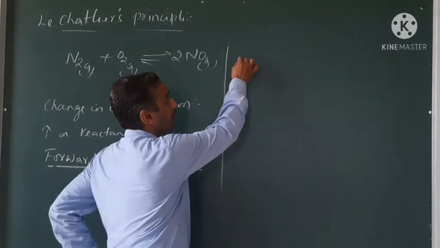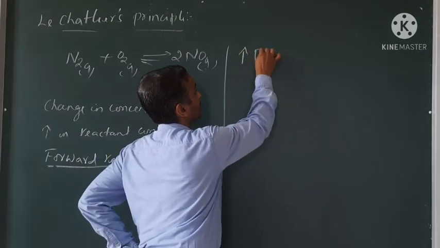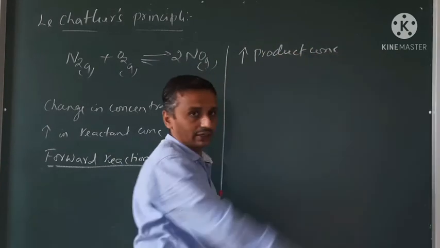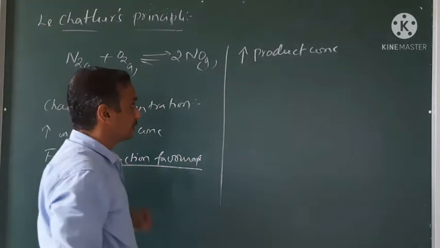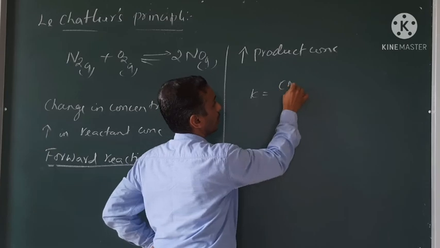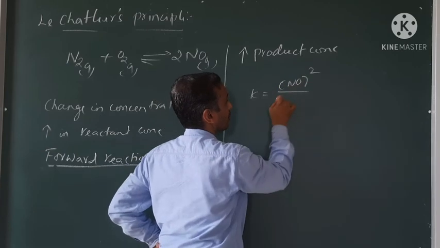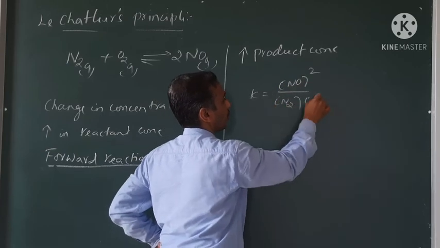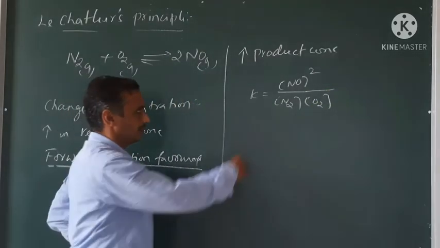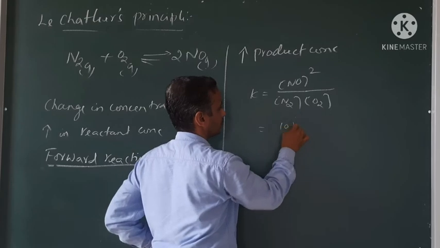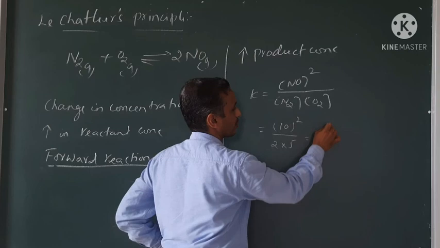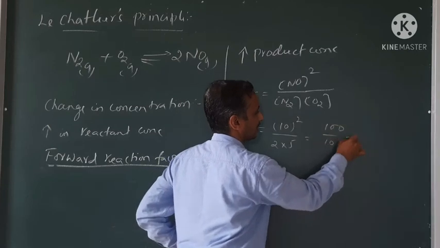Now we'll see when the product concentration is increased. What can happen there? Just see here. For this equilibrium constant, if you write K is equal to NO square divided by N2 into O2 concentration. Say NO is 10, so 10 square divided by 2 into 5 is equal to 100 by 10, which is equal to 10.